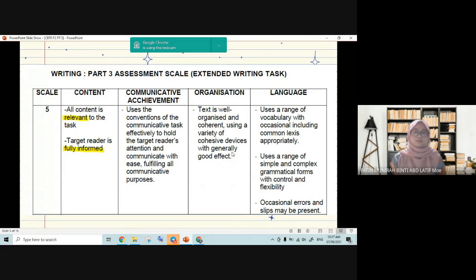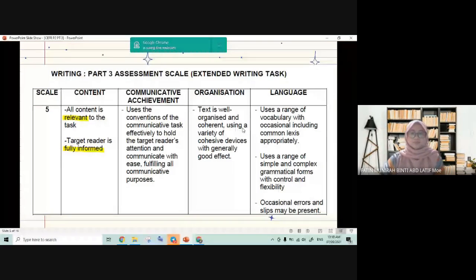Okay, so itu maksudnya cohesive devices. Awak nak sambung ataupun wujudkan kesinambungan antara isi tu, you use cohesive devices. Examples, contoh-contoh, tengok linking words dengan sentence connectors, itu adalah cohesive devices. Kenapa penting organisation? Sebab nak tunjukkan bahawa karangan awak tu karangan yang baik.